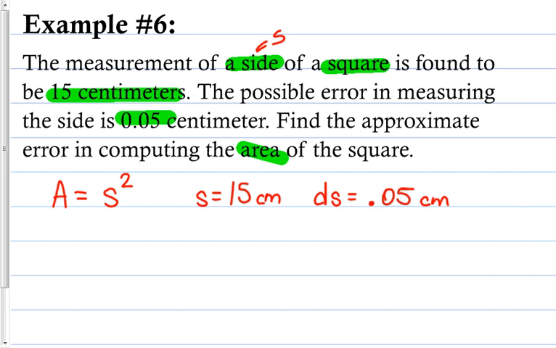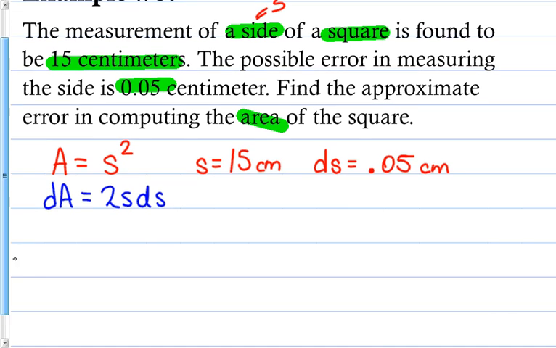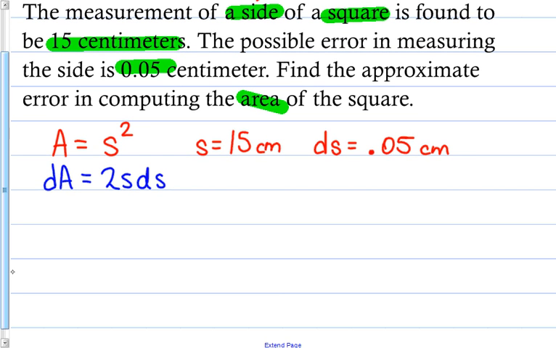So you're going to take the function area, you're going to derive it. So dA equals 2s ds. So that's my derivative. My derivative is going to help me figure out the error in computing the area. At this point, I'm concerned with this.